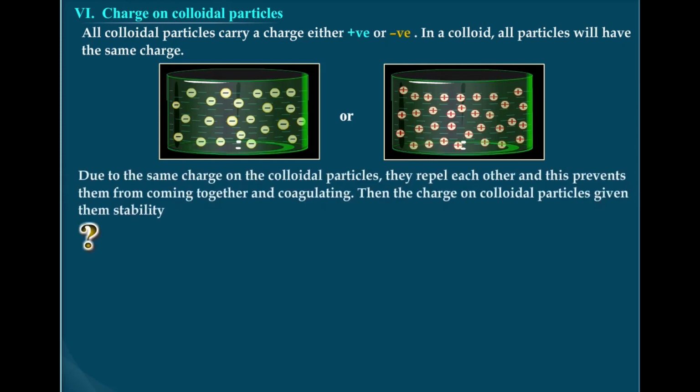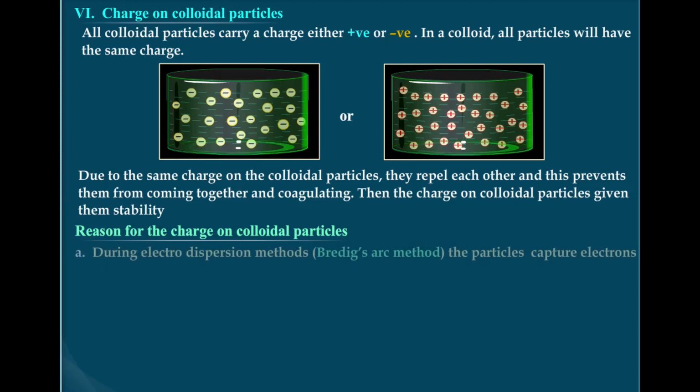Due to the same charge on the colloidal particles, they repel each other, and this prevents them from coming together and coagulating or settling. So the charge on the colloidal particles gives them the stability. Now, what is the reason for the charge on the colloidal particles?